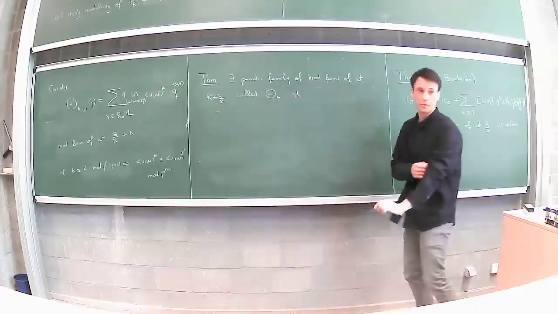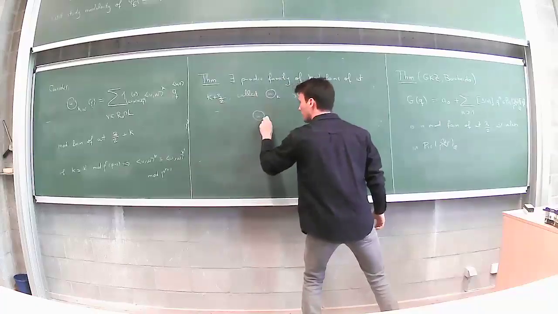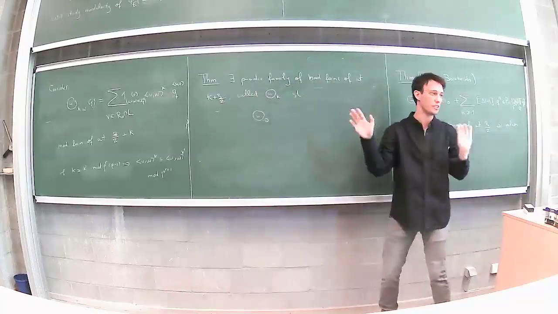The first property is that the specialization at k equals 0, so it's the specialization in weight 3½, is 0.